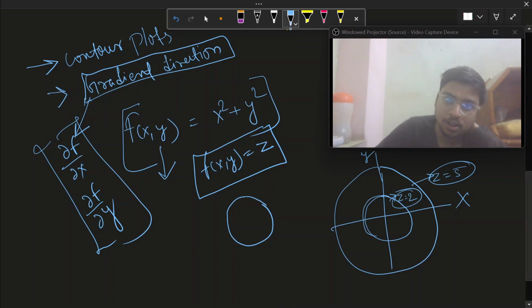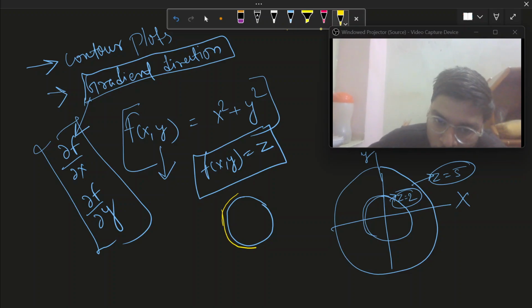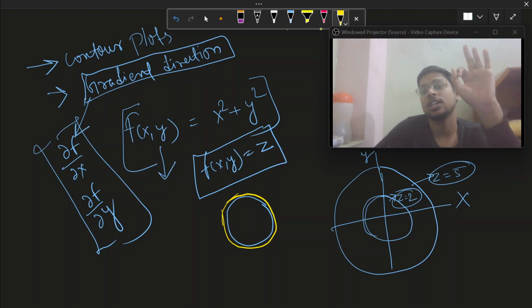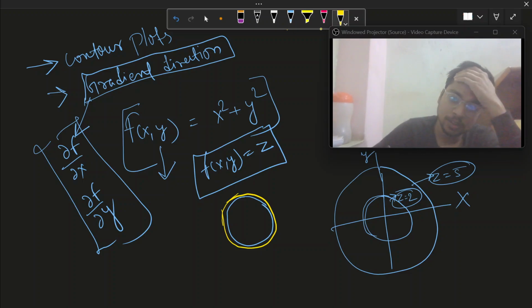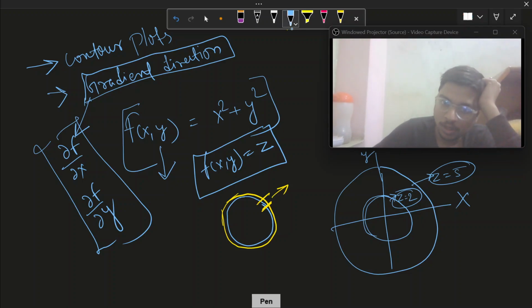We have the curve, and we take a very, very small change in the value of z. Here it is blue, and here it is yellow.